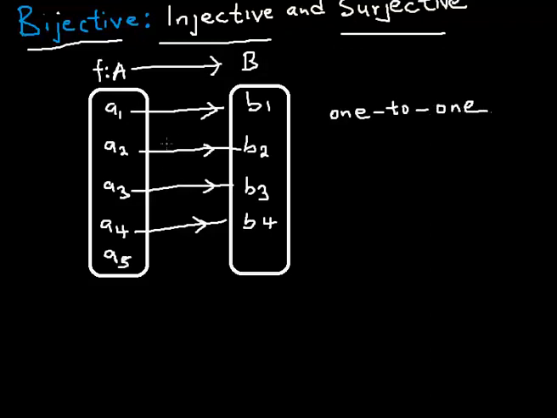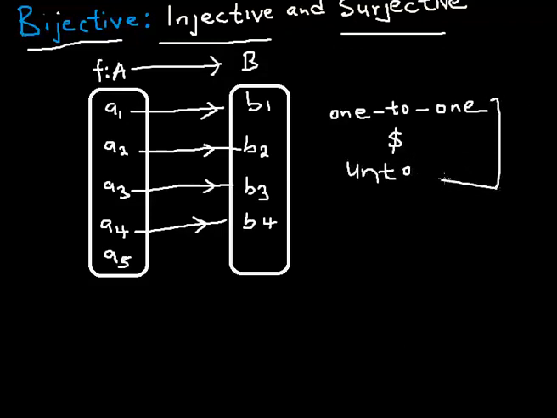This mapping here is one to one, and of course, at the same time, it's one to one and onto. The function is one to one and it's also onto.